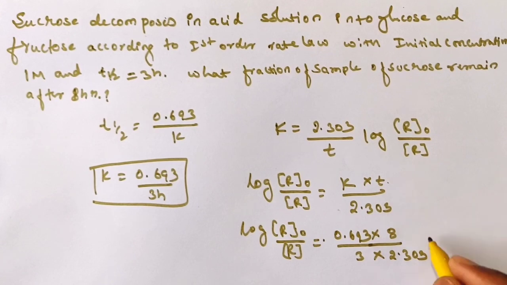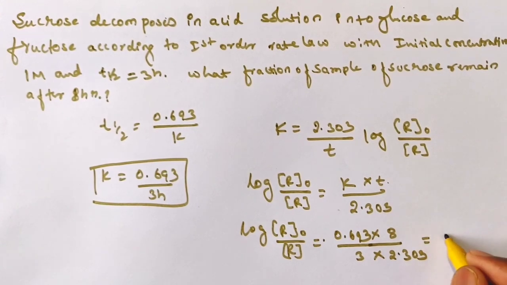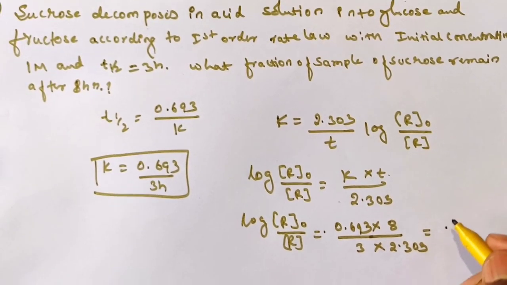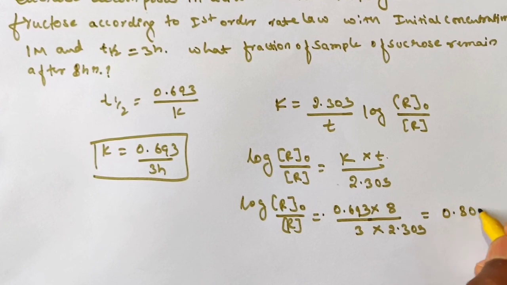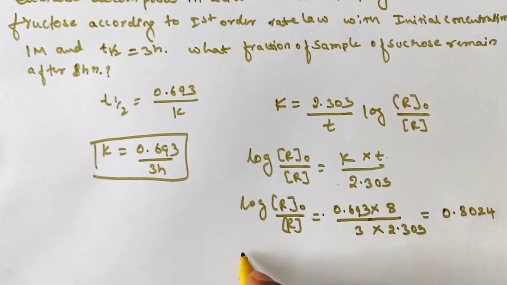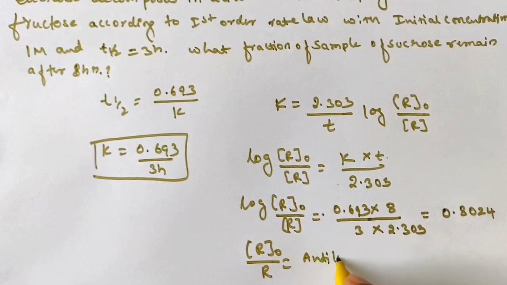So when we multiply this, we will be getting the value. Since I have calculated this, I'm just writing the value. You just take the value which you will get after calculating. So when we are shifting the log to the right side, it will become antilog. So R naught upon R is equal to antilog 0.8024.